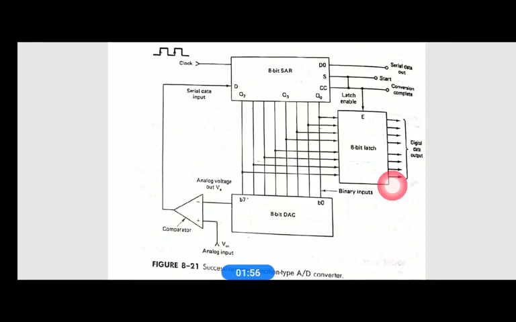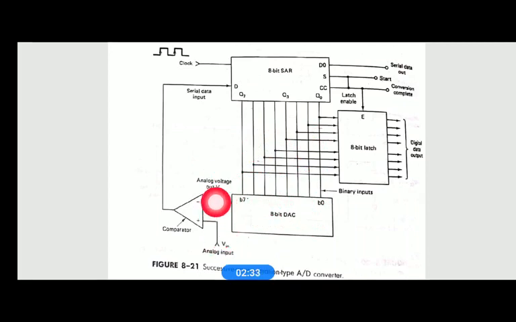Before we go to the example, let's see a summary of how it works. First, to start the conversion, the start signal at S of the SAR should go from low to high. When it goes from low to high, SAR will start sending digital data to the digital to analog converter, which converts it into analog output.